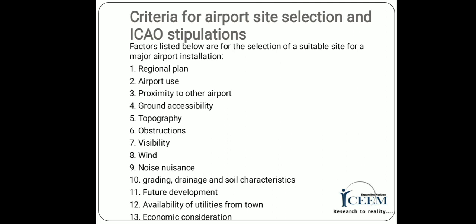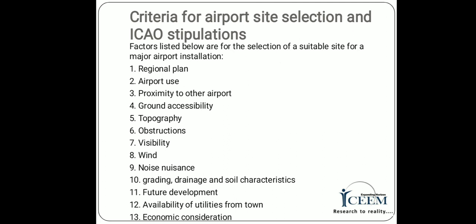The site should be selected at a considerable distance from the existing airport so that the aircraft landing at one airport does not interfere with the movement of aircraft at the other airport. Then ground accessibility.